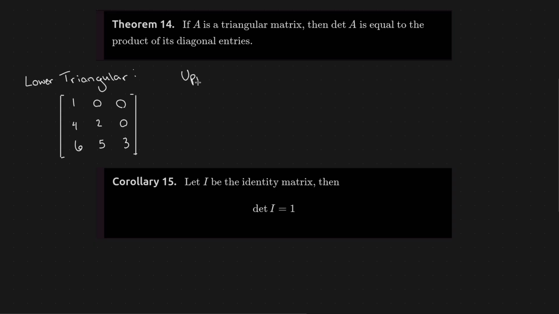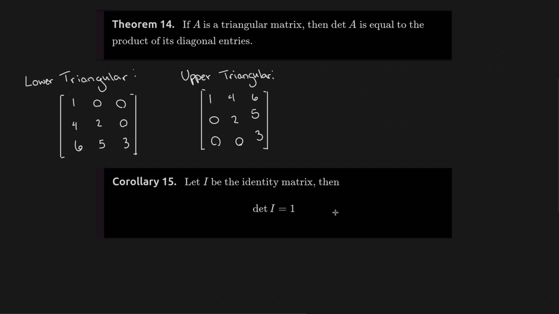An upper triangular matrix is the same thing, but now the triangle is in the upper top right corner of the matrix. So everything below the main diagonal is a 0. So now the only non-zero entries are in the upper triangular portion.